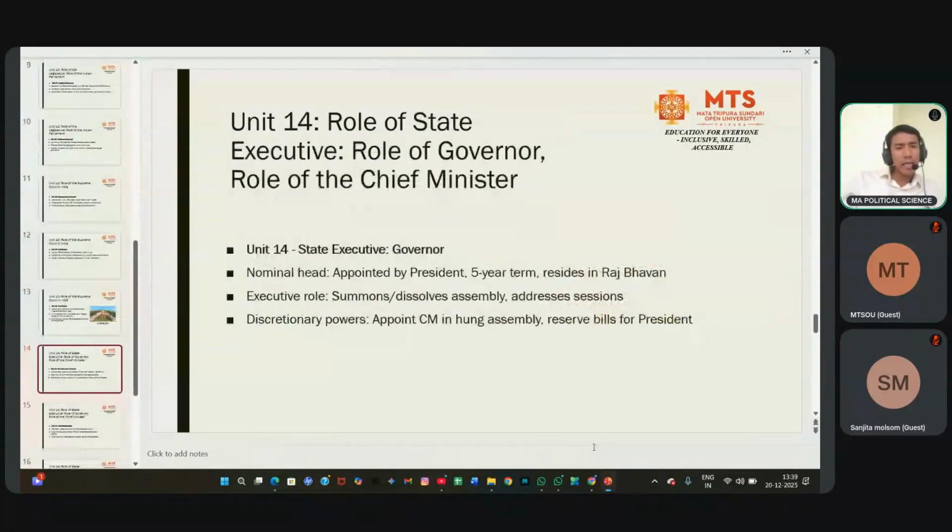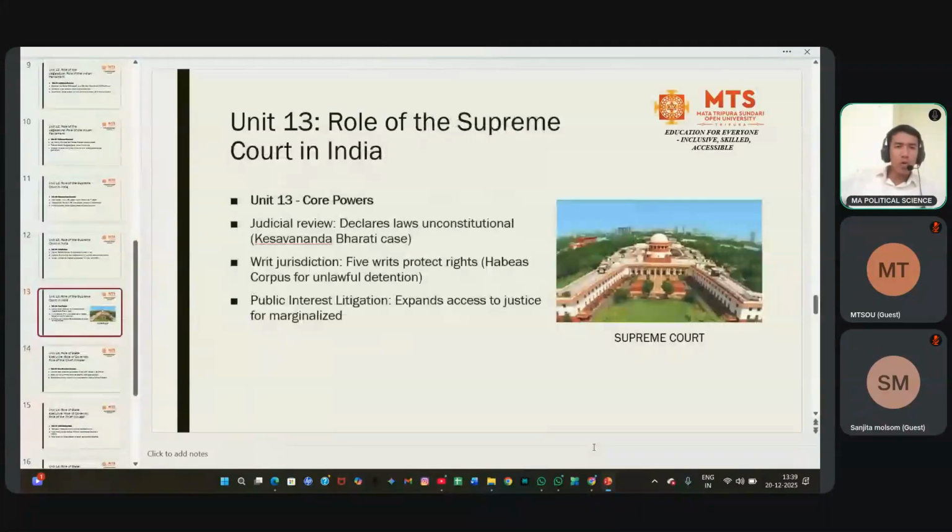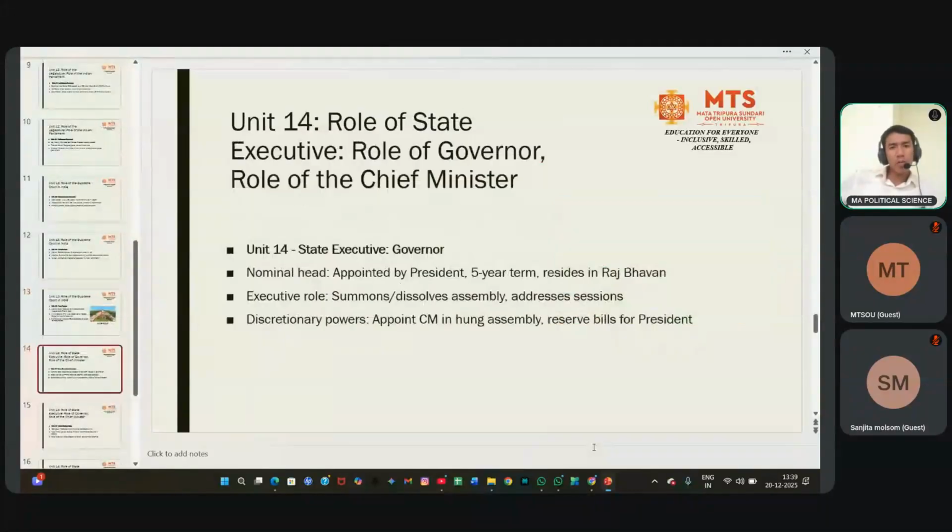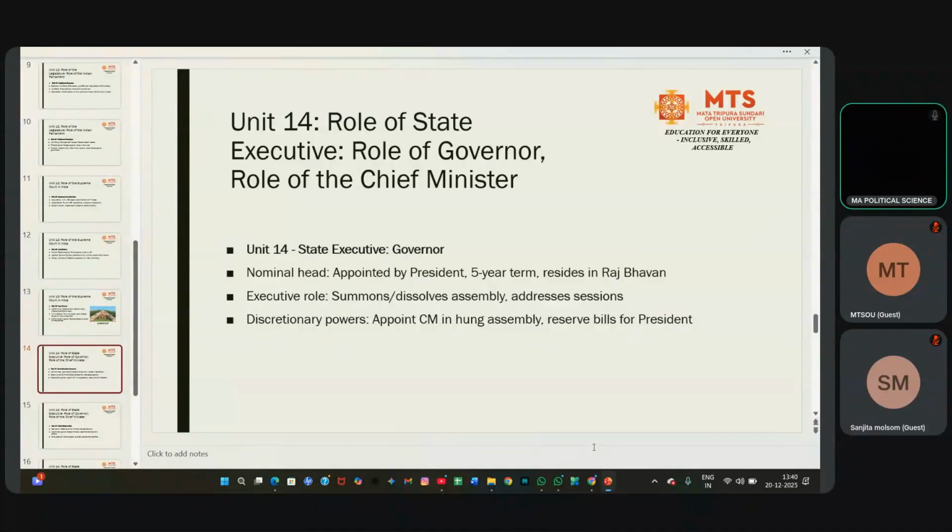So now, next unit number 14: role of state executive, role of governor, role of chief minister. We all know every state has a governor.